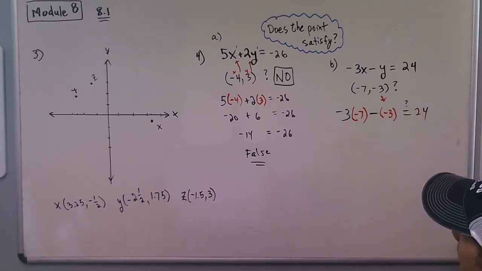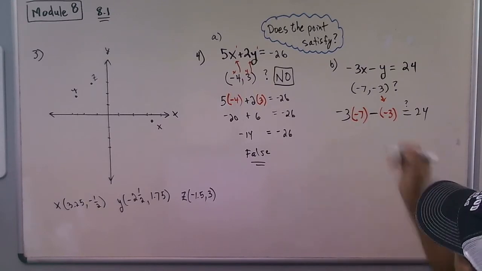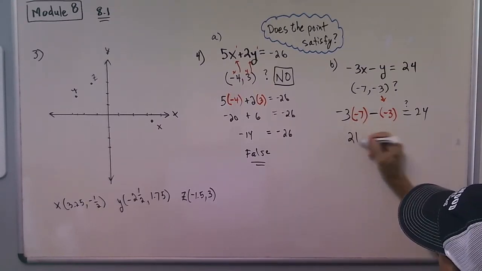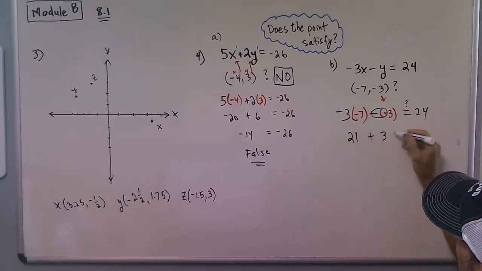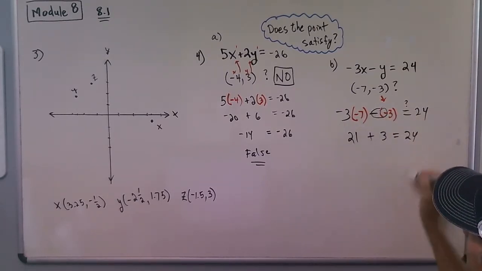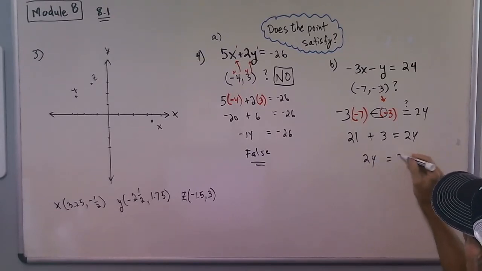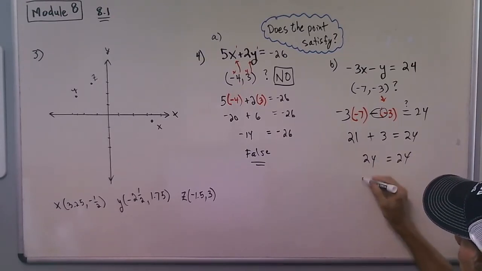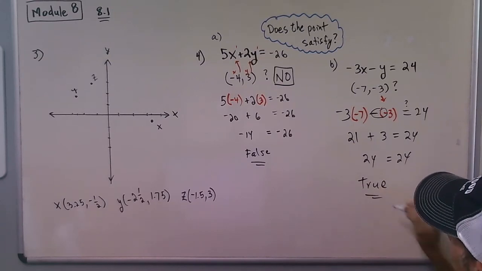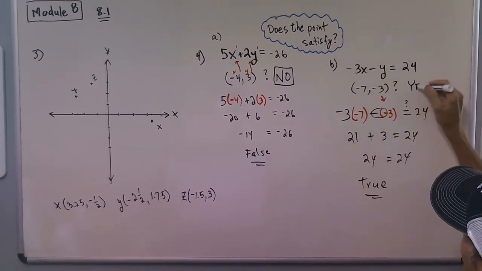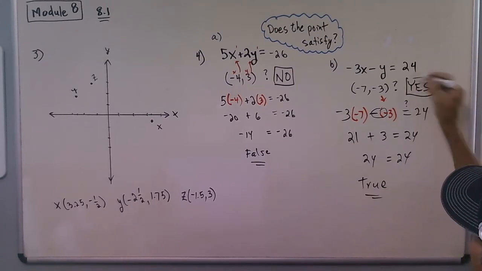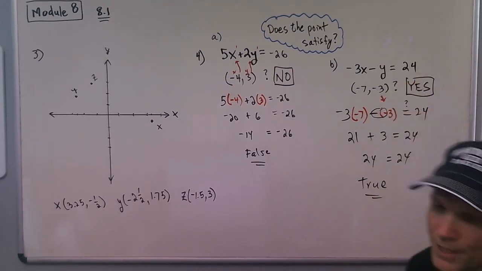What I get here is 21, negative times a negative is positive, and this double negative right here, plus 3 equals 24. Finishing off the statement, 24 equals 24 is true. So does the point satisfy? Yes, so this point would be on that line.